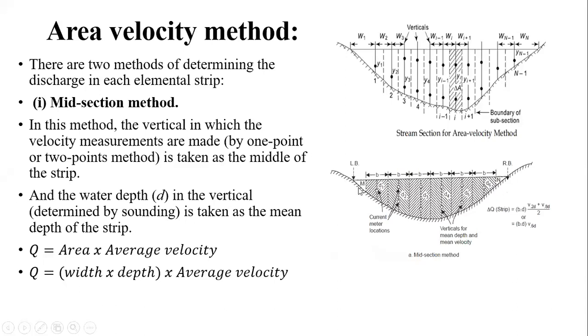So we never get the real or accurate velocities there. So we neglect those portions, and we divide the remaining portion into a number of strips. So B indicates the width of each strip, and the readings are taken on the verticals. The verticals are exactly at the center of that particular strip.